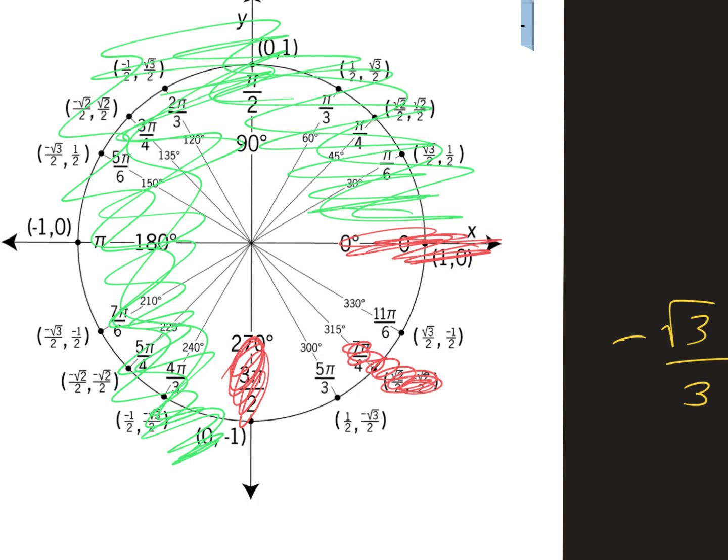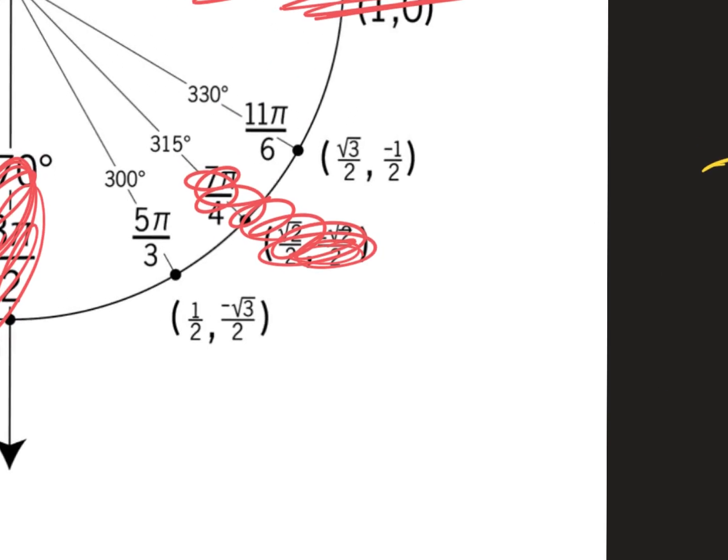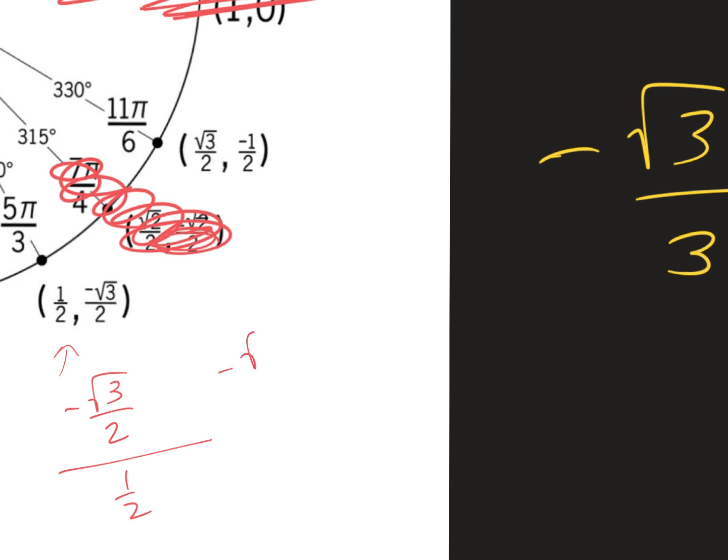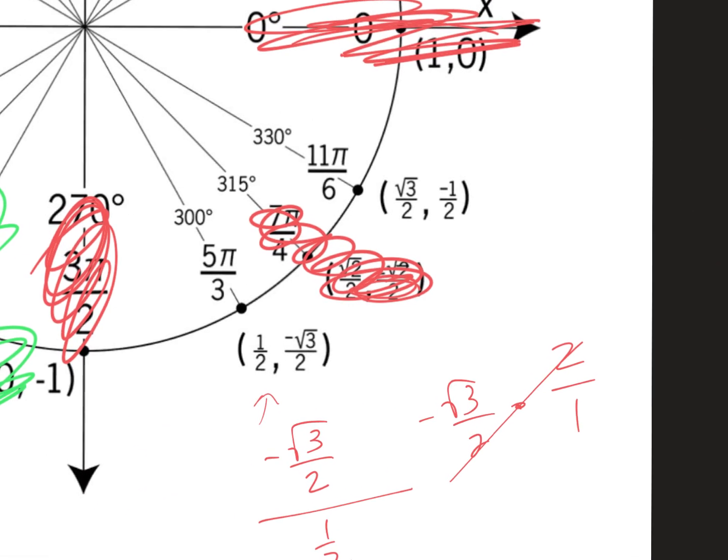If you're not sure what it is, just do the math. If I take this point right here, I'm going to take my y value, negative square root of 3 over 2, divided by 1/2. Keep, change, flip. Is this going to give me negative square root of 3 over 3? No, this one doesn't work either.